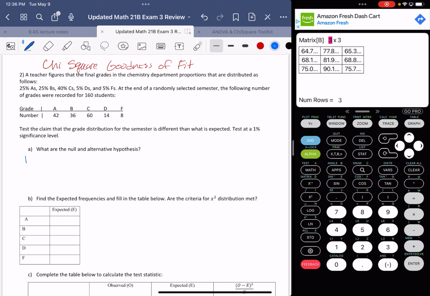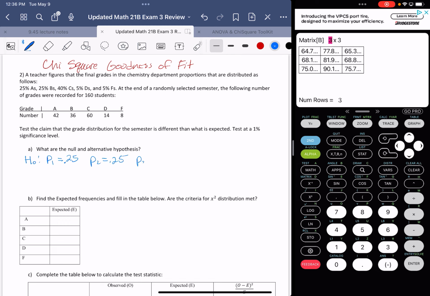Well, the null, H naught, that's going to be each distribution that this chemistry teacher is expecting, which was provided. They're right here. This is the distribution of grades that this teacher is starting off with that's expected. So just write those values out. So probability is 25% or 0.25. The second probability is 0.25.